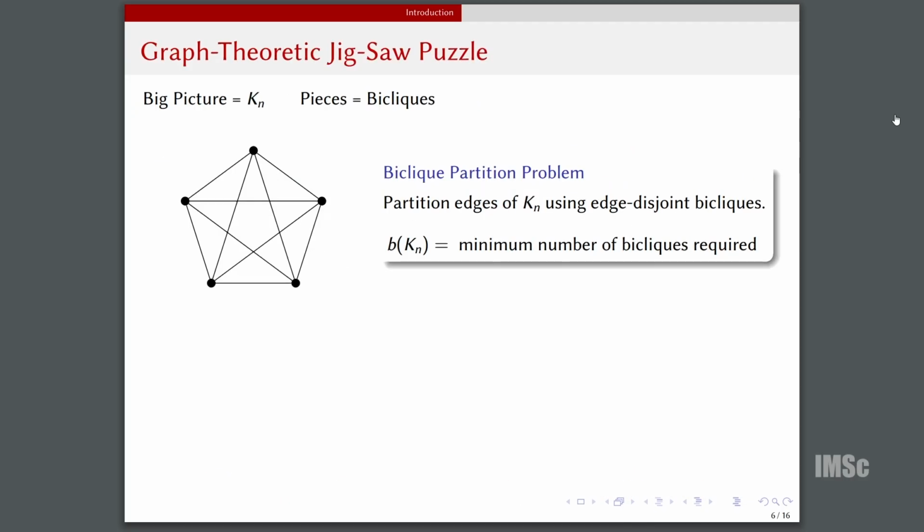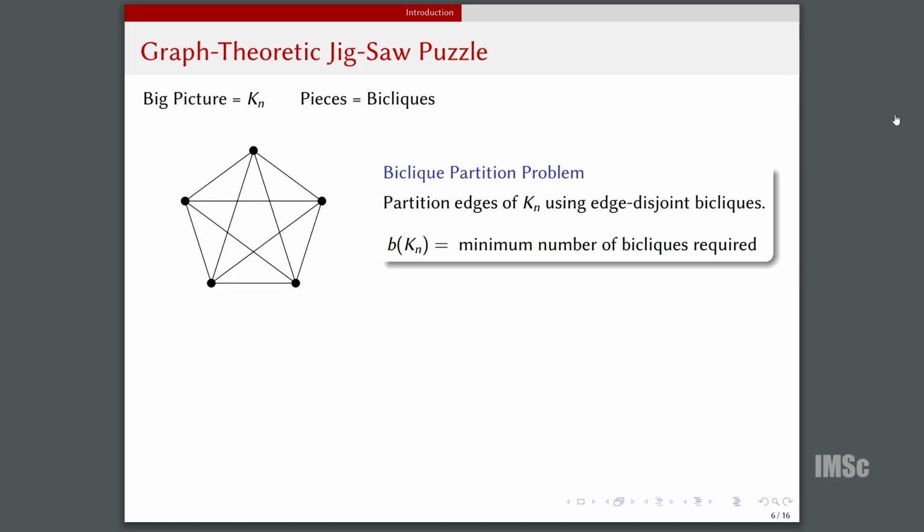So this is the formal statement. It's called the biclique partition problem. What we want to do is partition the edges of the complete graph using edge disjoint bicliques. Bicliques are complete bipartite graphs, and we want to find the minimum number of bicliques required to do this job.